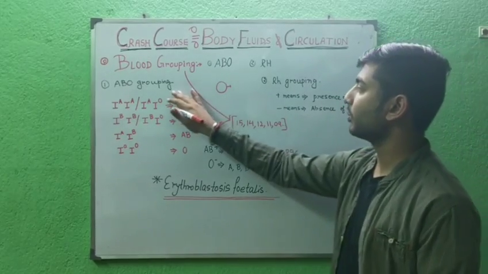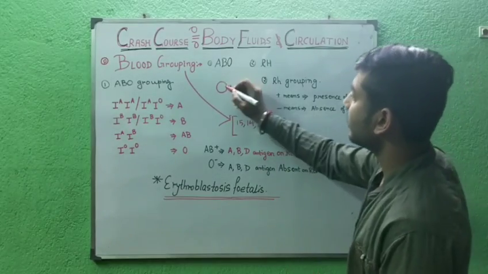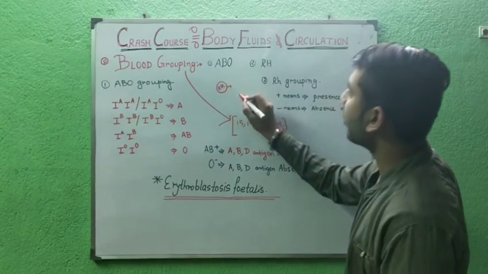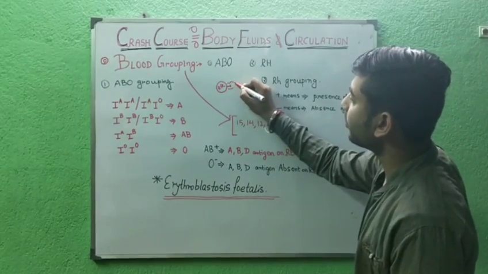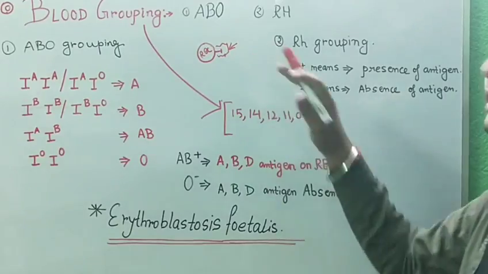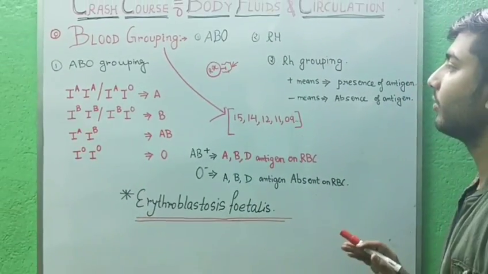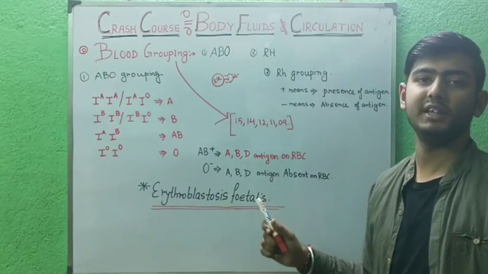In ABO blood grouping system, there is presence of antigen on RBC. See, here this is RBC. On the membrane of RBC, there is antigen. See, hope you can see this is antigen. So, there are different antigens present on the membrane of RBC. They can be classified as A antigen or B antigen.